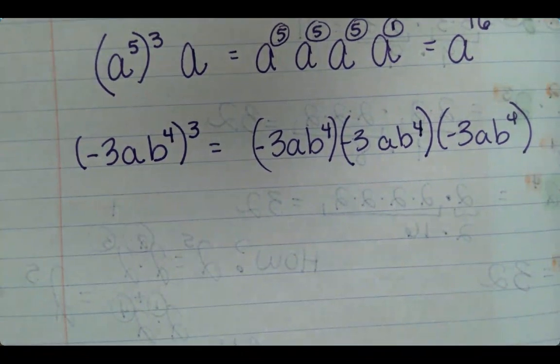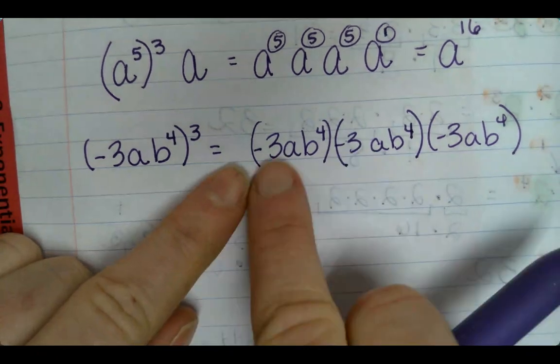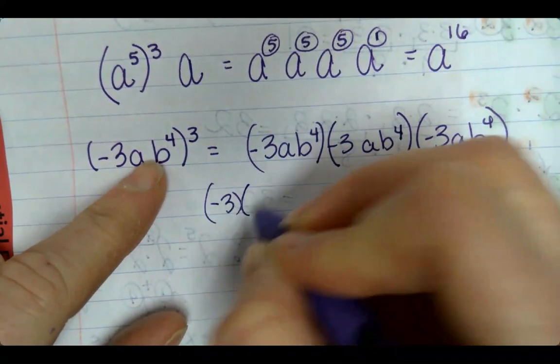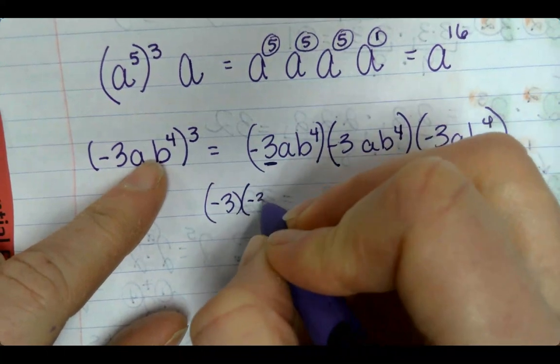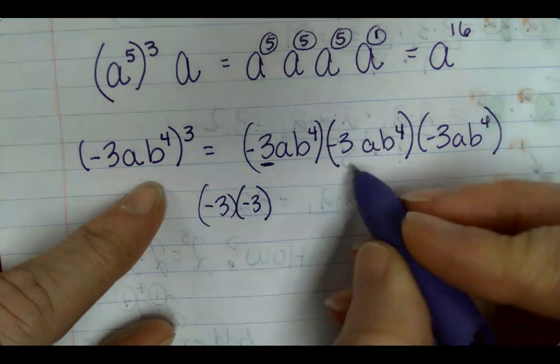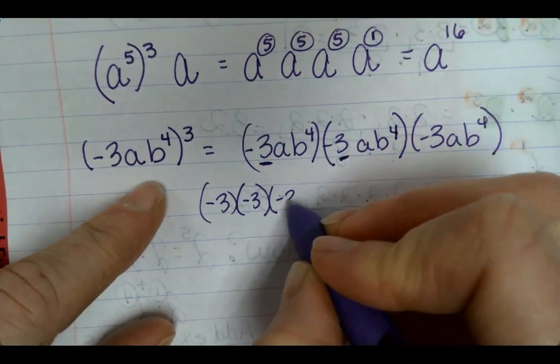So then I'm going to rewrite it with all our constants together, all of our A's together, and all of our B's together. So we have 1, 2, 3, -3. So -3. I'm going to underline them as I write them. -3. -3.